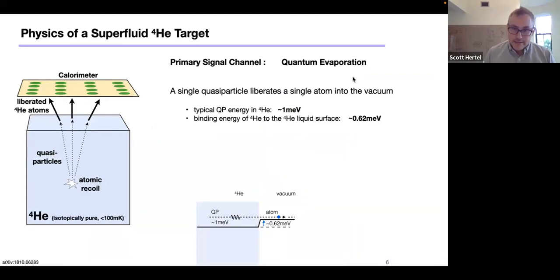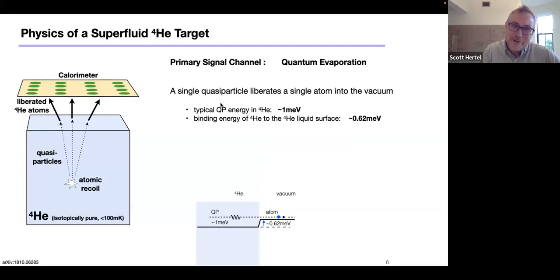The primary signal channel here is quantum evaporation. Probably most of you are well aware, but one thing is you'll notice I'm always using these eV units, and probably most of you are more fluent in the language of temperature, Kelvin units. So maybe that's the main point, is just for you to get used to my units here.